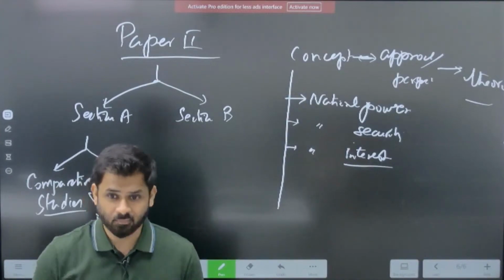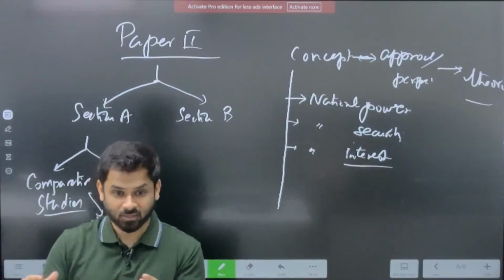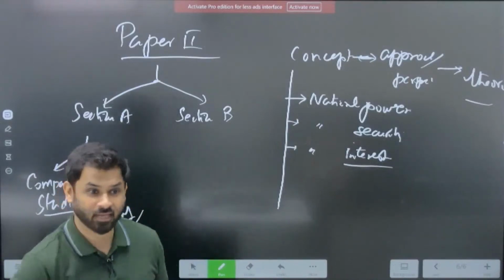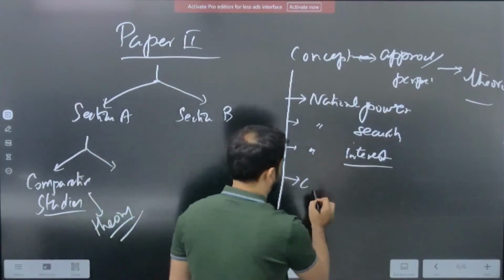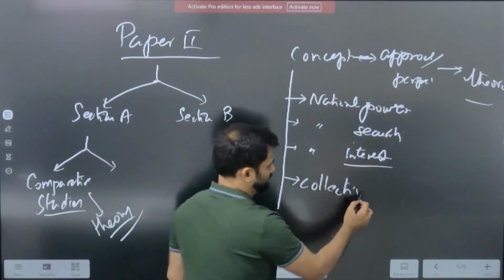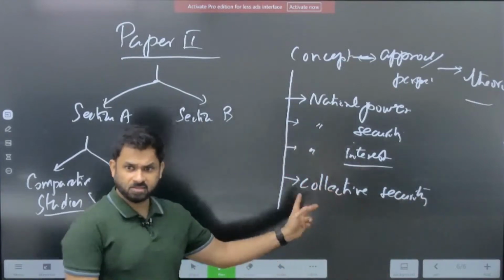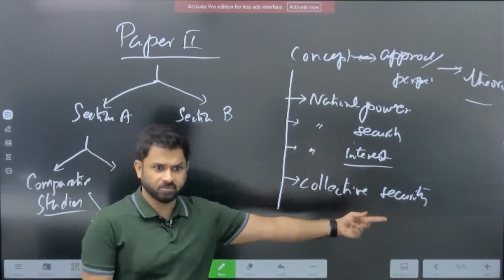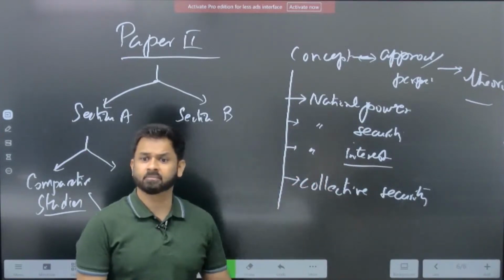isn't it? Then some countries, or many countries, can come together for securing themselves also. There can be collective security initiatives, what you call collective security. Is the United Nations an example of collective security or not? United Nations Security Council, is it an example of collective security or not? It is based upon the idea of collective security.